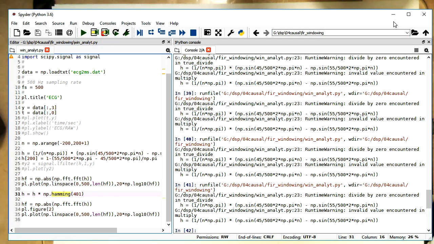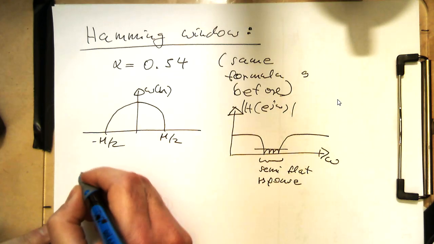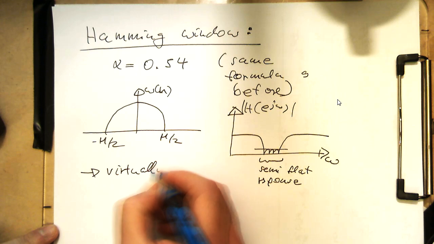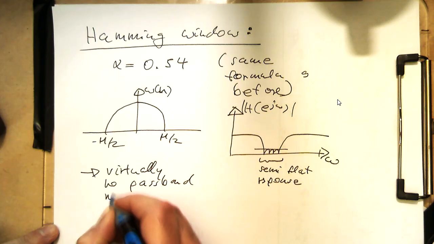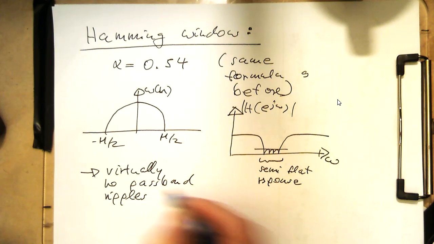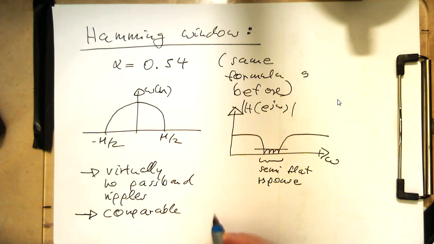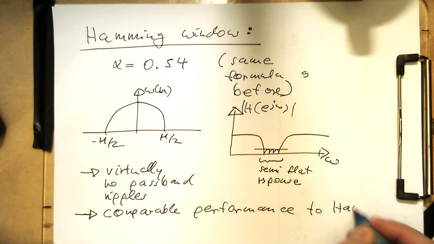So let's close this here again. And again we have virtually no passband ripples, but we have comparable performance to the Hann window.